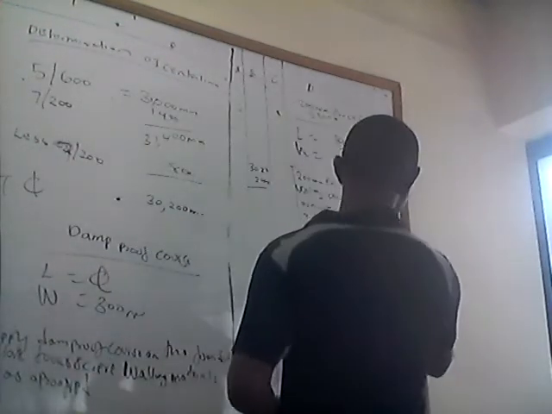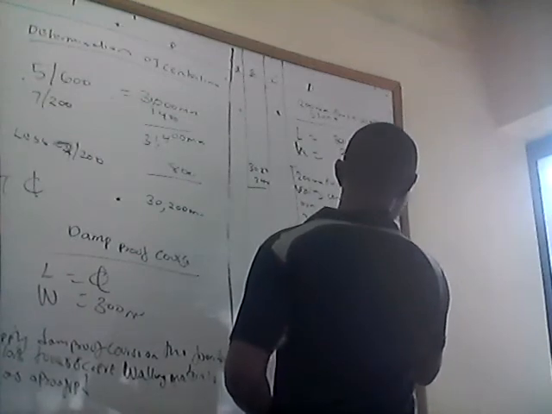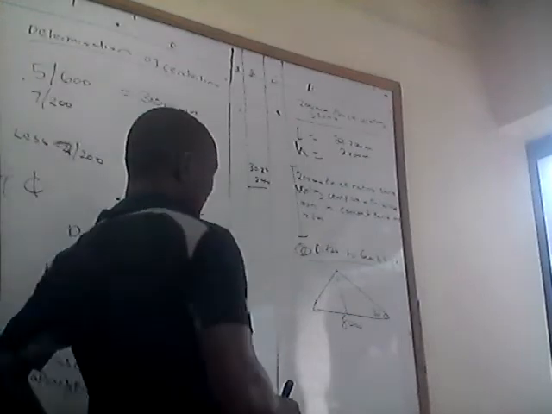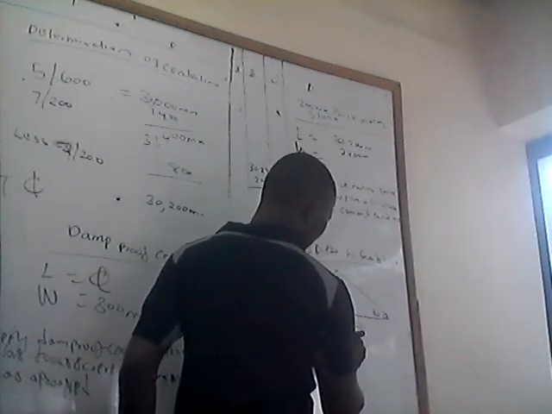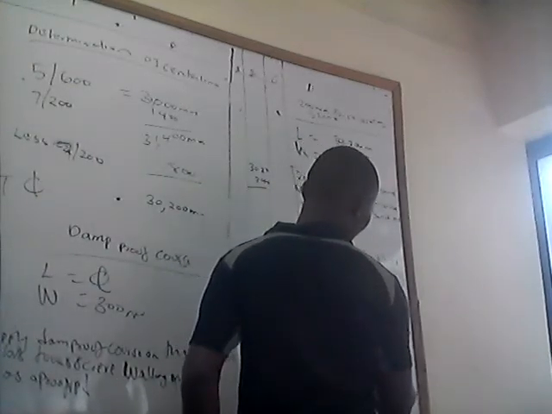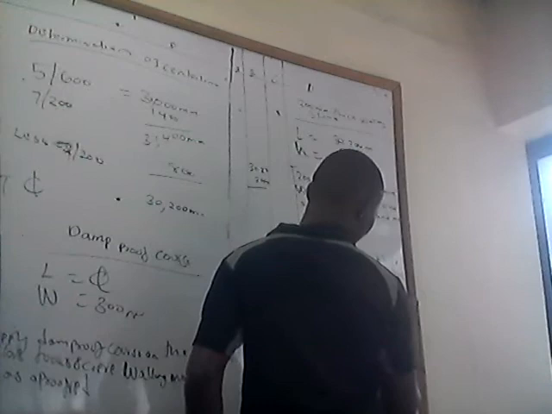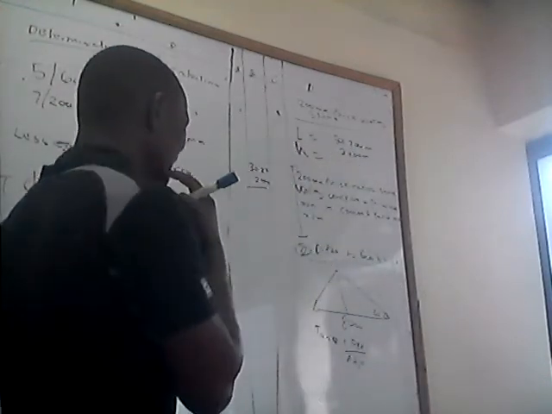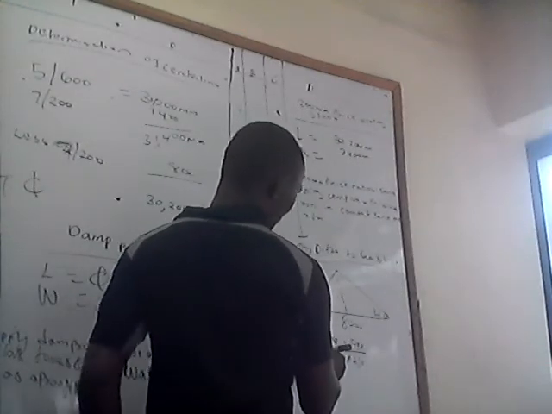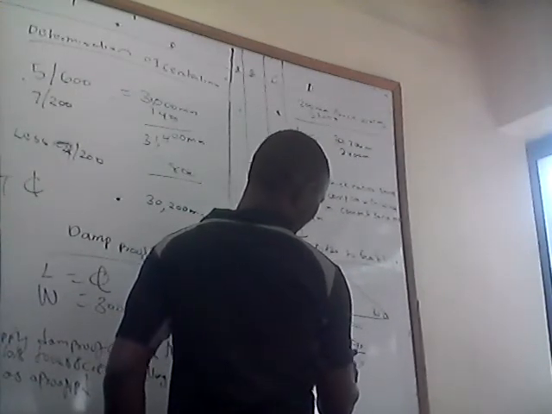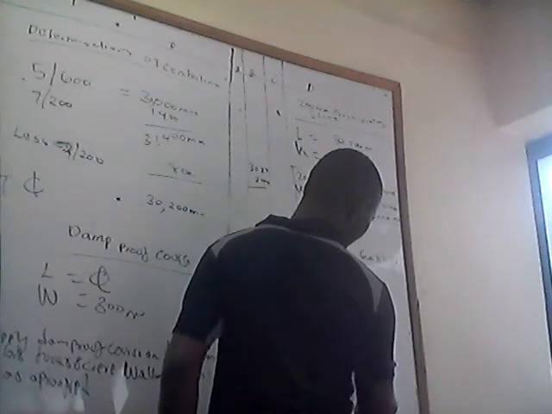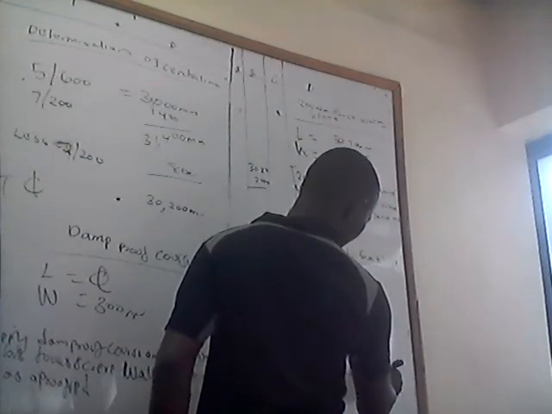Because this is our wall, we assume that it will rise at 30 degrees from the wall. Then we get tan theta is equal to opposite over adjacent. The adjacent is this one, the opposite is this one. So the opposite is equal to tan 30 times 8,000.